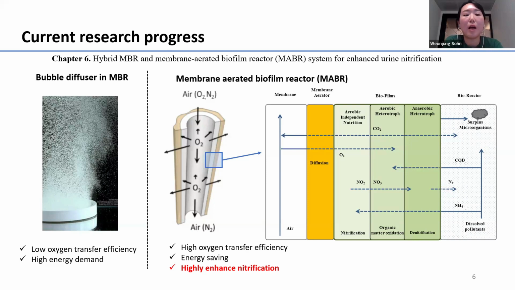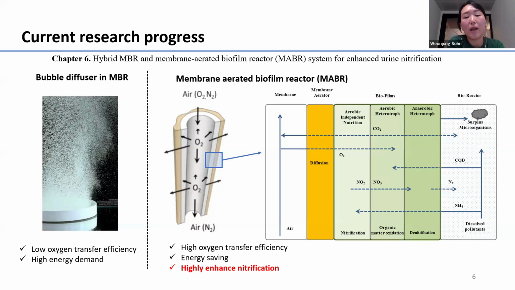I'm now at the initial stage of planning, so I don't have personal data to support my perspective, but there are many previous studies that support this MBR and MABR energy consumption. In the MBR system, the bubble diffuser produces larger bubbles than in the MABR system.